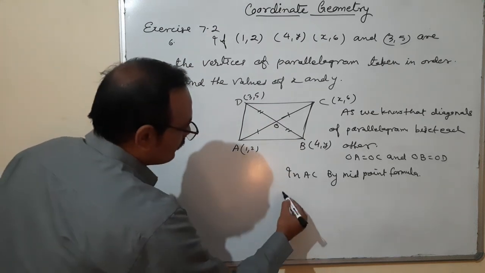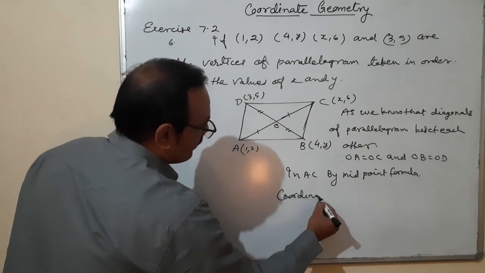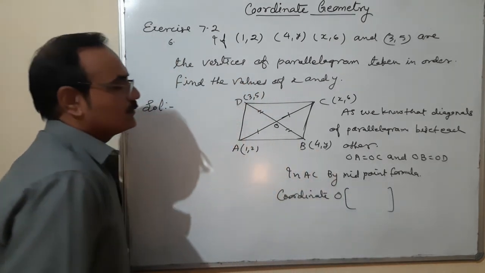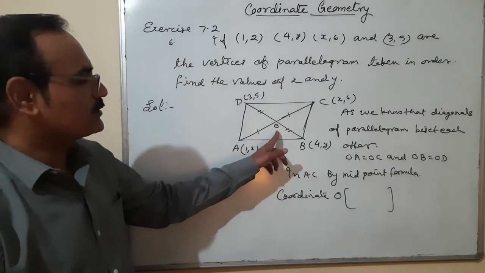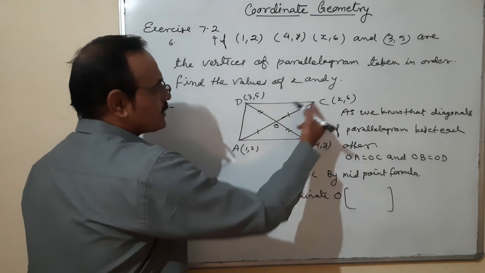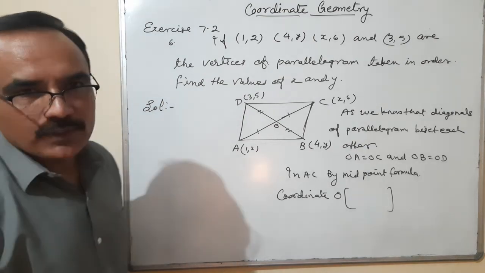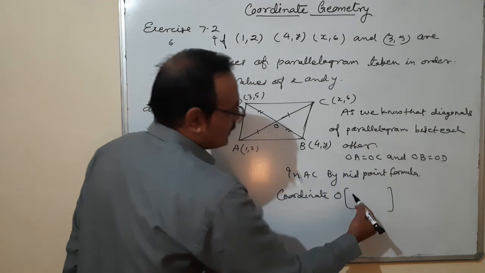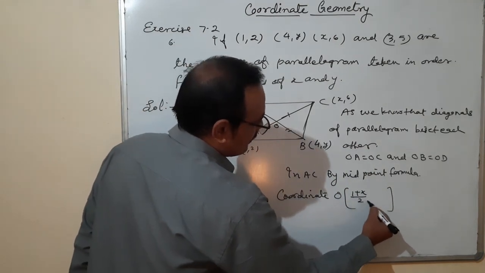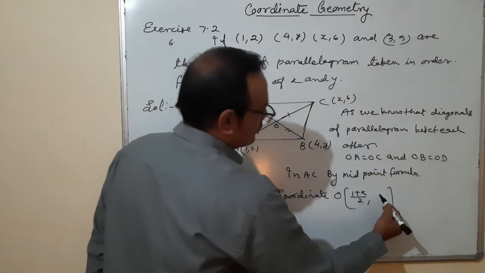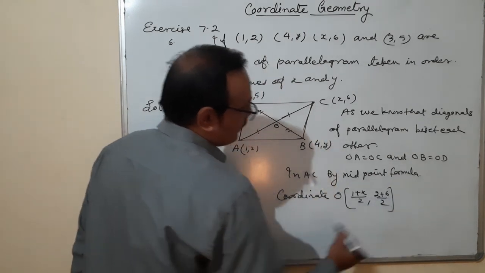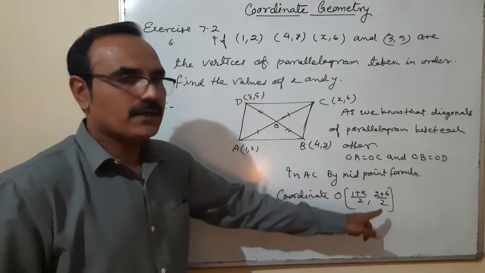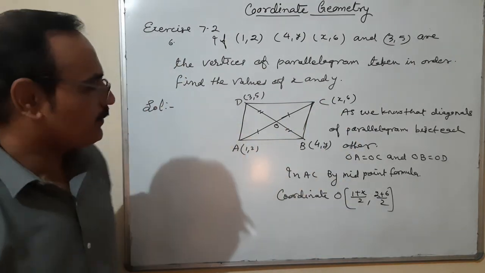The coordinate of O, if I use the midpoint formula, what does the midpoint formula say? x1 plus x2 upon 2. So may I write here 1 plus x upon 2 and 2 plus 6 upon 2. Okay? x1 plus x2 upon 2 and 2 plus 6 upon 2. These are the coordinates of point O.